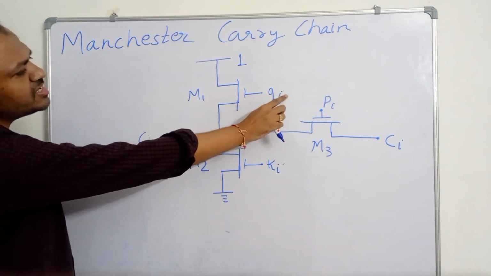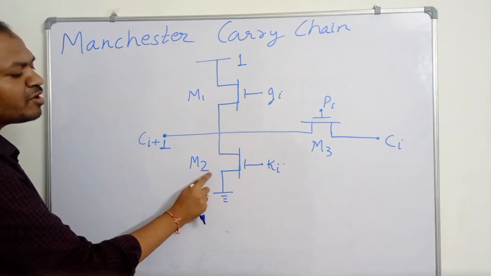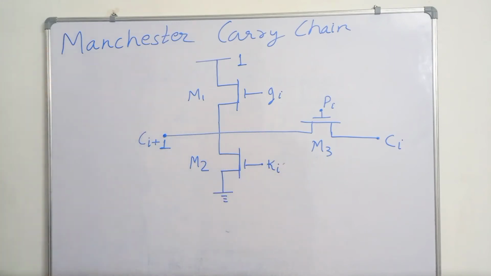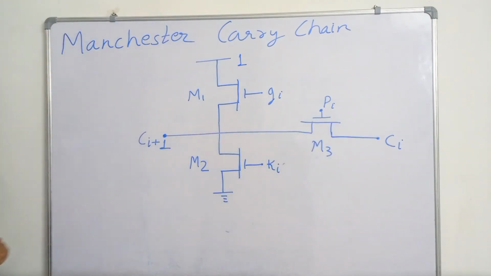At its gate input, Gi is applied. At the gate input of NMOS FET M2, Ki is applied, and at the gate input of N channel MOSFET M3, Pi is applied. Then here Ci is applied, and this Ci plus 1 is the output.